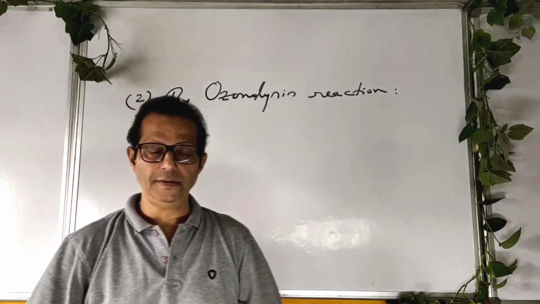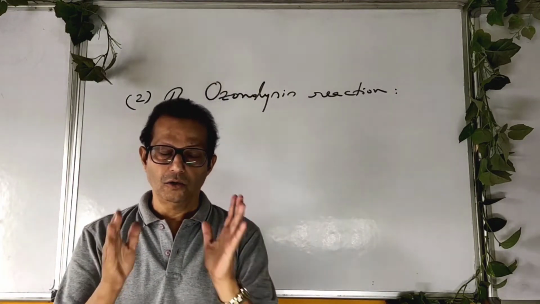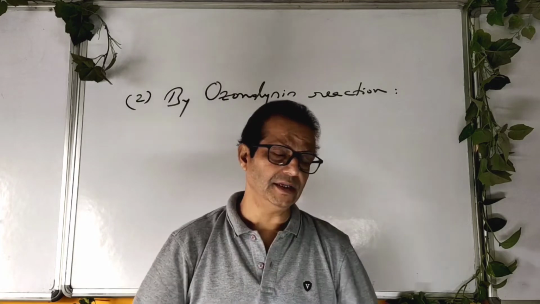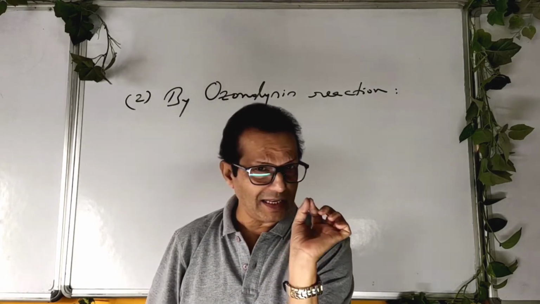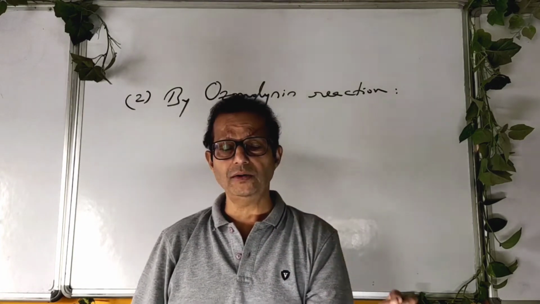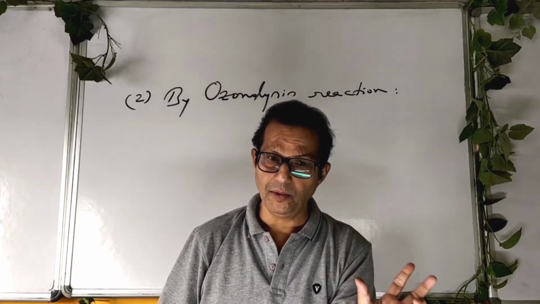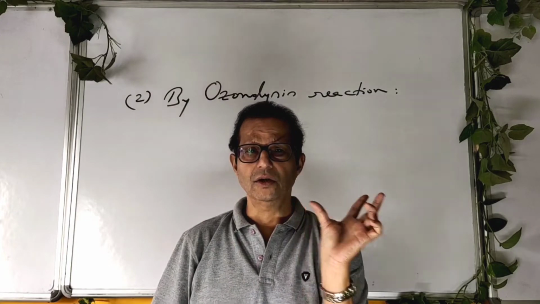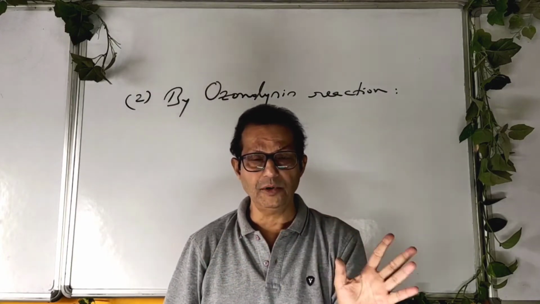So listen, ozonolysis reaction takes place in case of alkenes, that is compounds containing carbon-carbon double bonds, as well as alkynes, that is compounds containing carbon-carbon triple bonds.